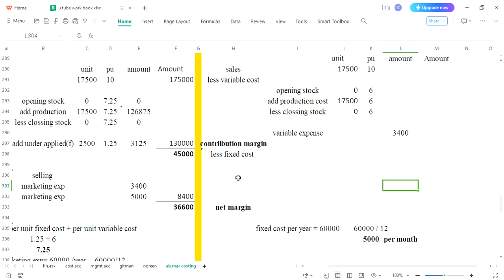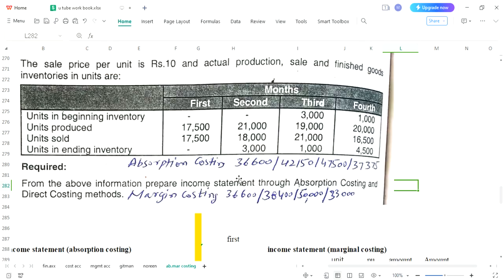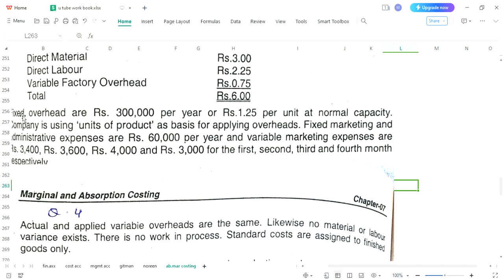Now we can write fixed cost, first fixed cost as 5,000. And there is another fixed cost which was mentioned over here. Fixed overhead 3 lakh per year, rate is 1.25.